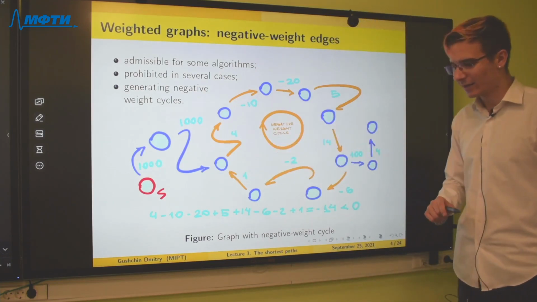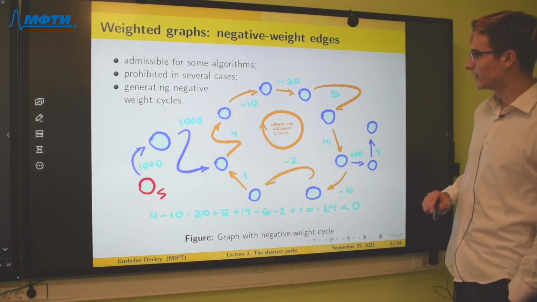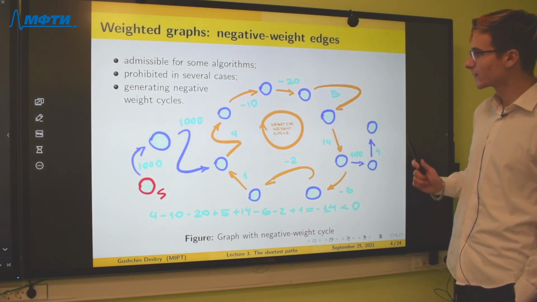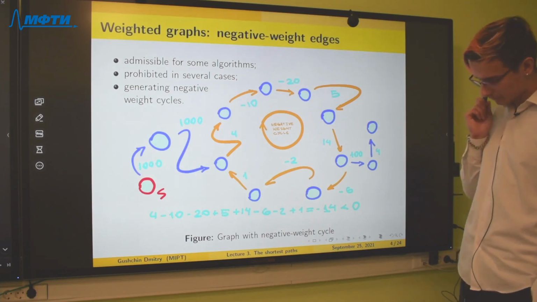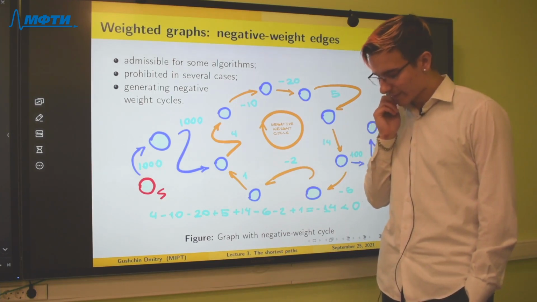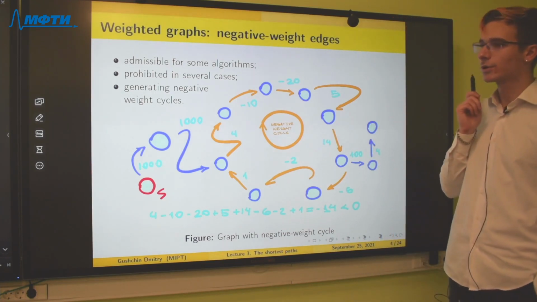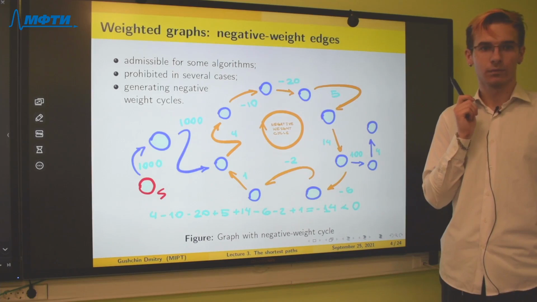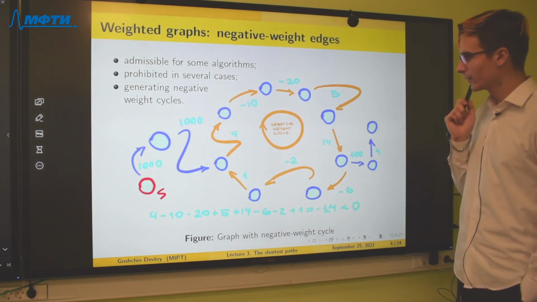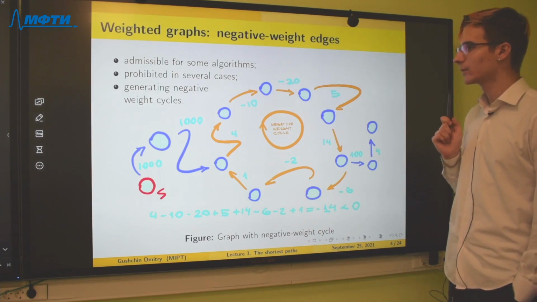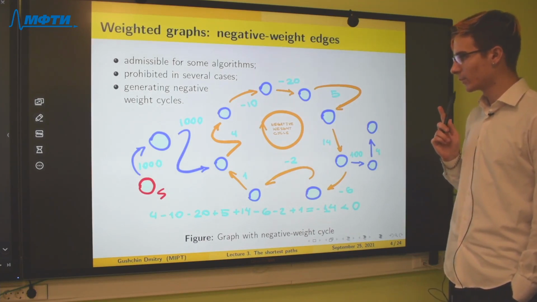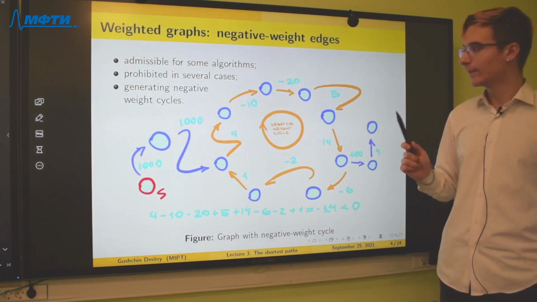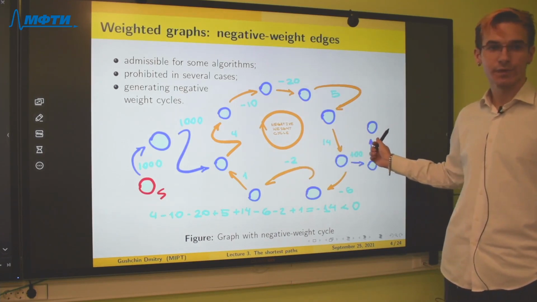When we solve this task, we can use each edge more than one time. Of course, if we can use each edge only one time, there is one path between S and this vertex.